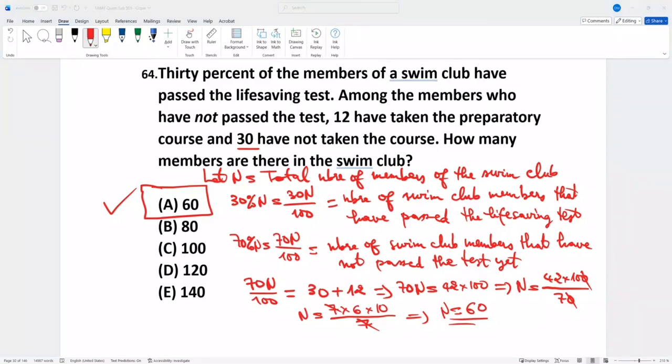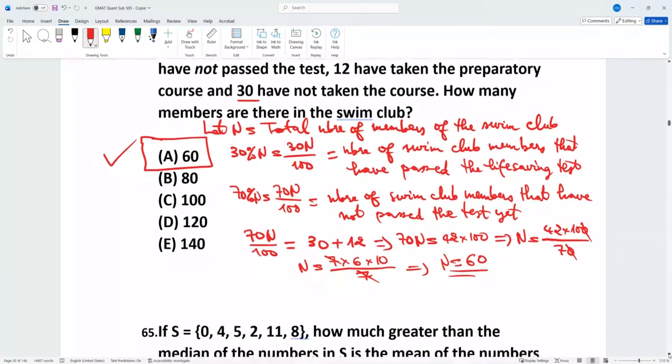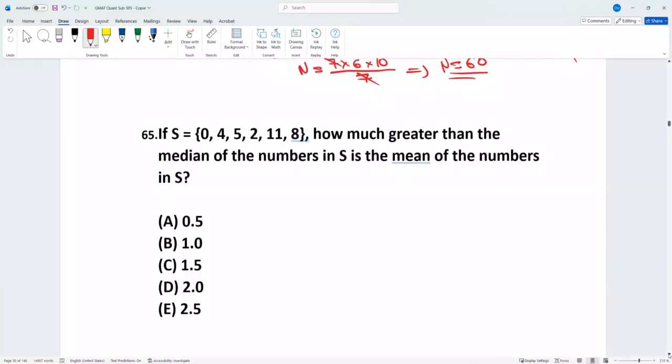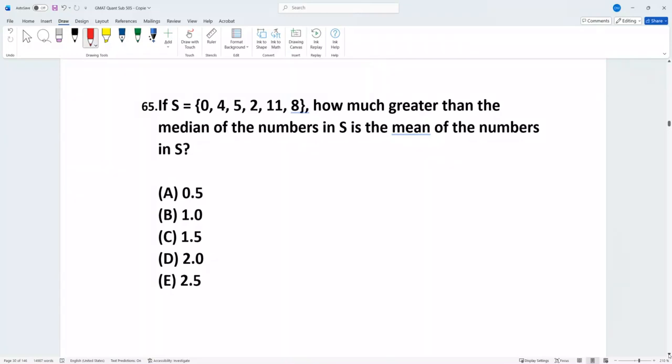All right, moving on to the next question, which is question 65. Let's go. Question 65 says, if S, which is a set of numbers, 0, 4, 5, 2, 11, 8, how much greater than the median of the numbers in S is the mean of the numbers in S?